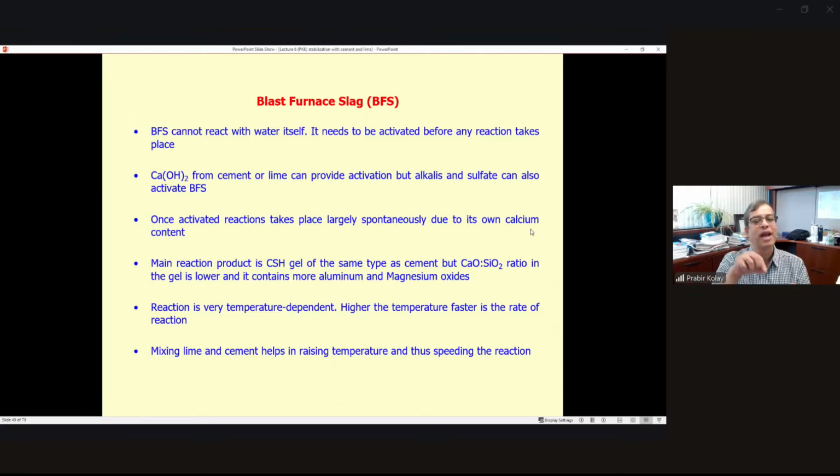It's a pozzolanic material, so you add water and lime, then the reaction starts. The main product, again the same as for lime or cement, is calcium silicate hydrate gel, and the calcium oxide to silicon oxide ratio is important. The reaction is temperature dependent: the higher the temperature, the faster the rate, and mixing lime or cement can help raise the temperature and speed up the reactions.